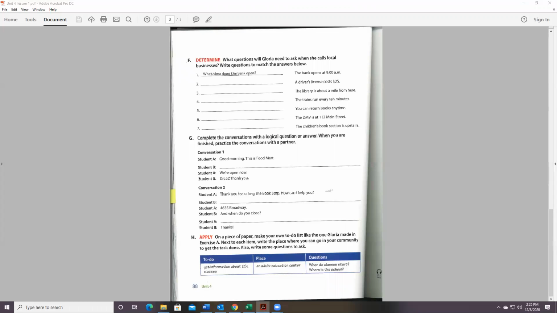So for example, number 1, the answer is the bank opens at 9 o'clock. Okay, so what question can you ask? Okay, the question would be, what time does the bank open?